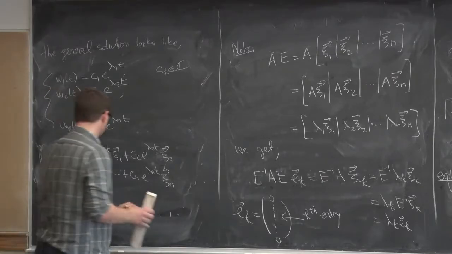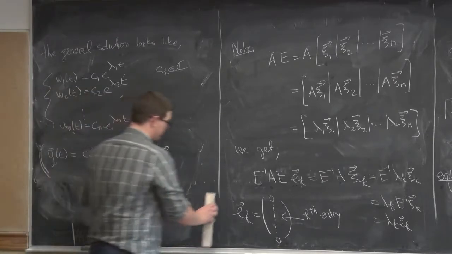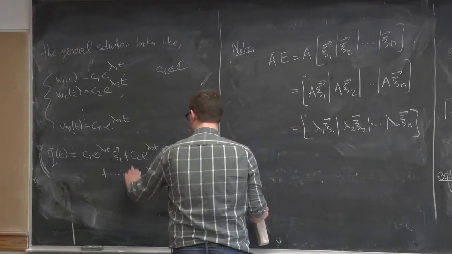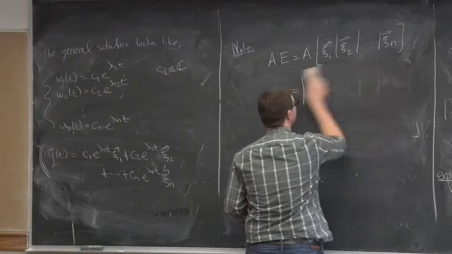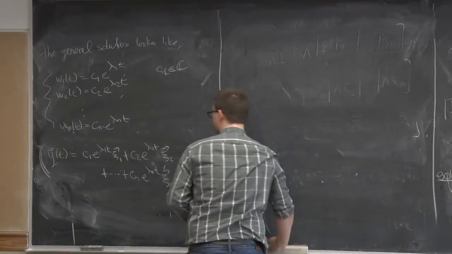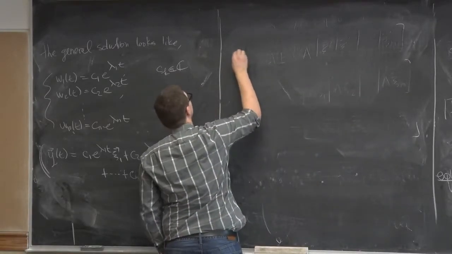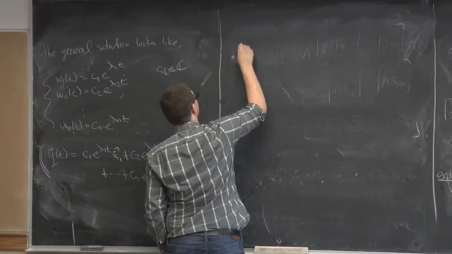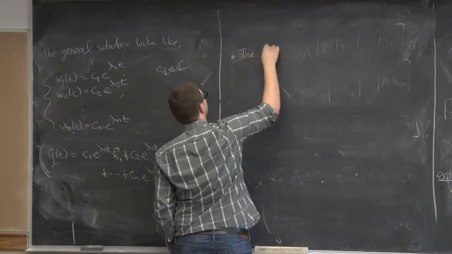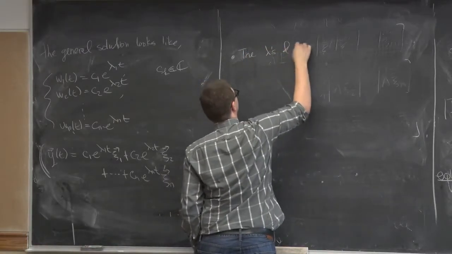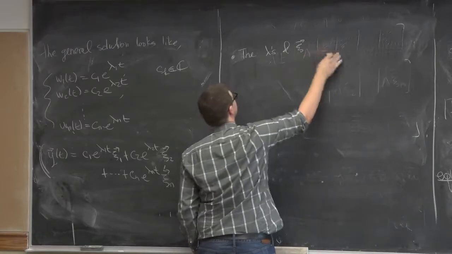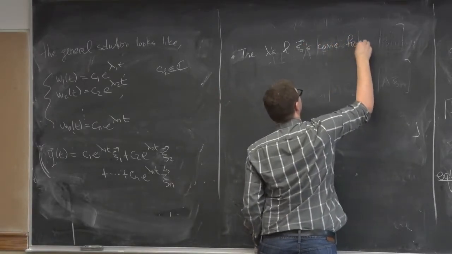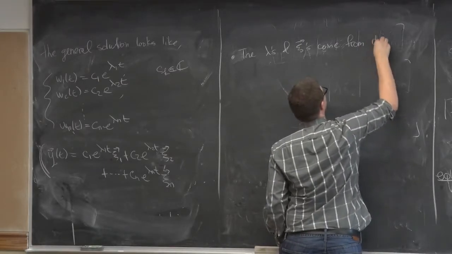Okay. So computationally, these coefficients are solved for. The lambdas and the c's come from a matrix computation. So the lambdas and these c's come from doing linear algebra.